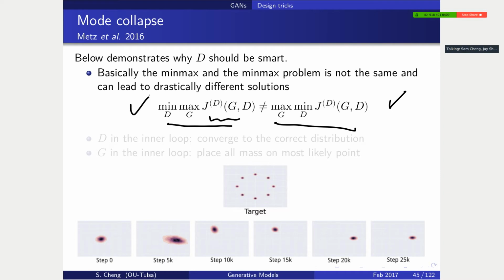Yes. Why? The discriminator is trying to minimize, the generator is trying to maximize what the discriminator has. So I'm thinking the one on the right. Yes, you are right. Definitely, you're right.